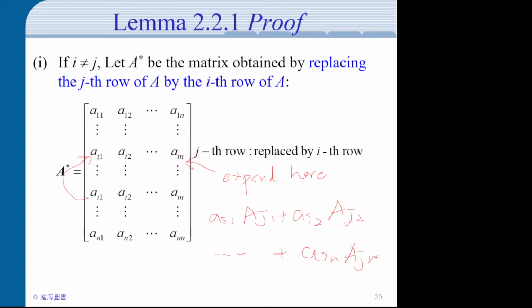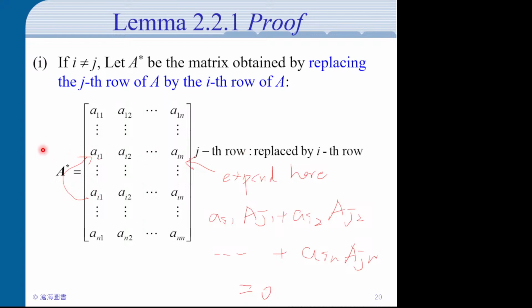Here we are using that you replace this row, then the big A_ji equals the big A star_ji, etc. So expanding A star on this jth row is the same as the expansion we want to calculate, and it's 0 because of the property we talked about.